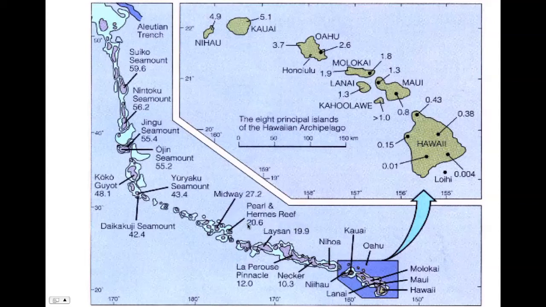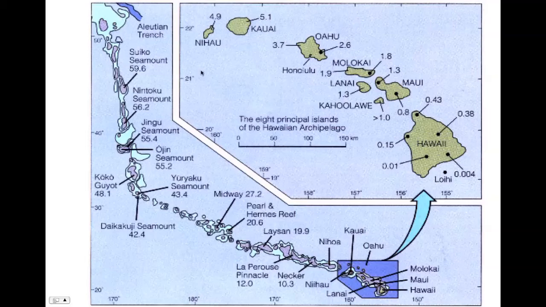Look at these numbers. They actually end up going all the way to what is known as the Aleutian Trench. And we all know what trenches are, right? It's a subduction zone boundary. So basically these seamounts have gone all the way, pushed all the way to the Aleutian Trench.